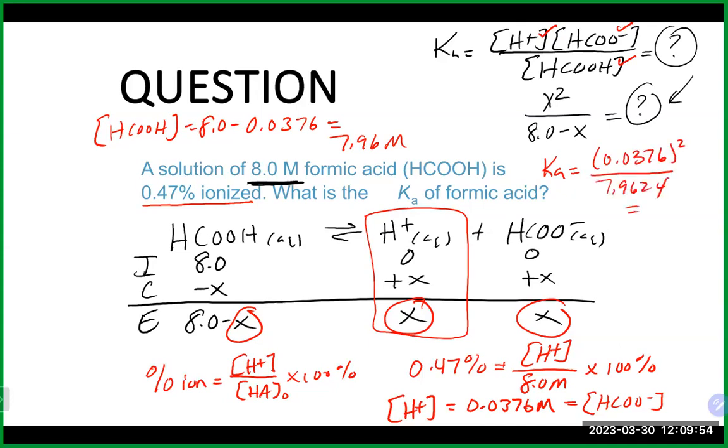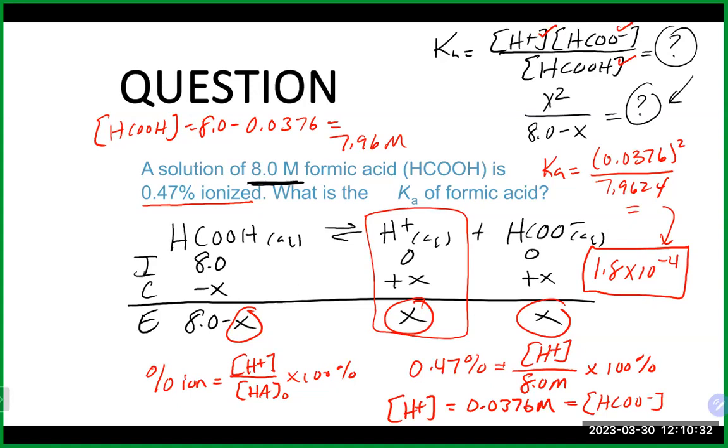That's going to give us a Ka value of 1.8 times 10 to the minus 4, it looks like, in this case. So by using the percent ionization, we could back calculate, if you will, to figure out the change that occurred. And that also allowed us to calculate the equilibrium concentrations of everybody that was there.